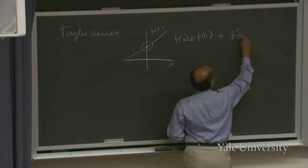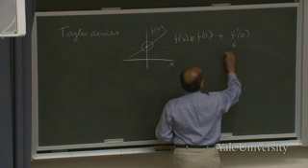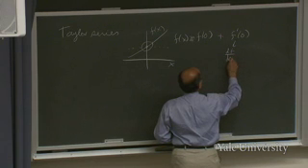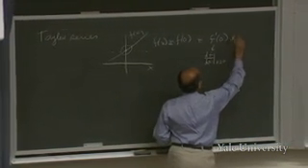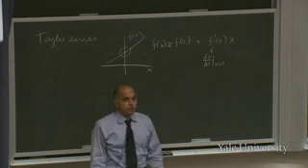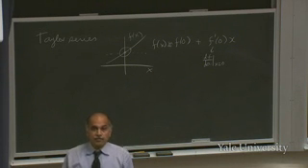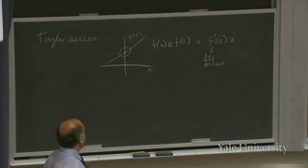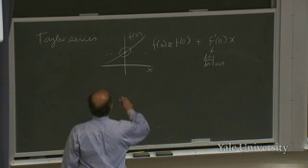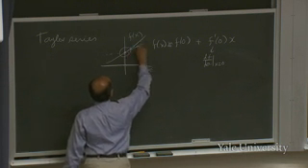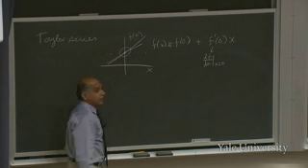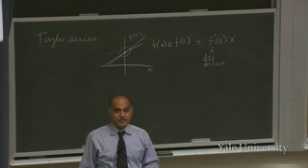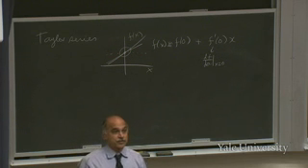F prime of 0 is the derivative, which is df dx at x equal to 0. And you will multiply it by x, and that's your best bet for what the function is away from x equal to 0. What that does is to approximate the function by a straight line with the right intercept and the right slope. By right, I mean matches what you know about the exact function.